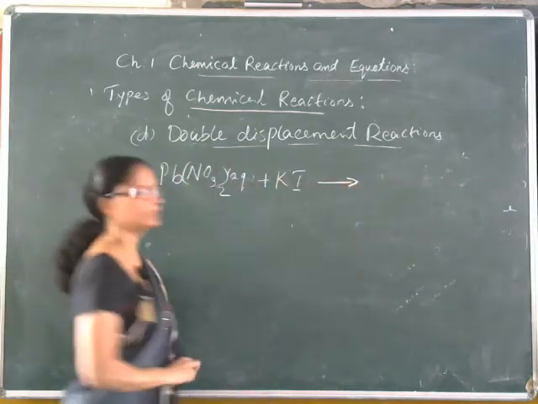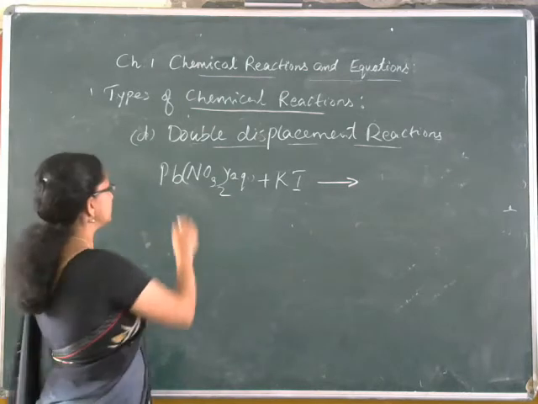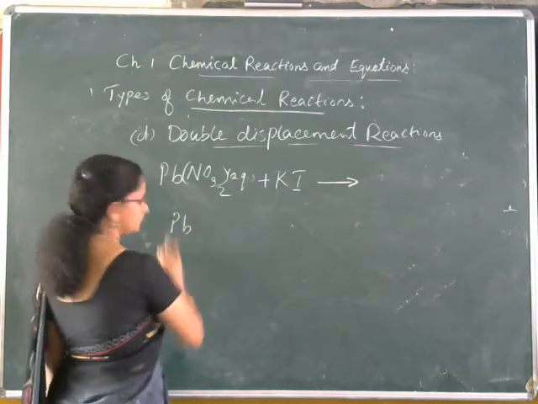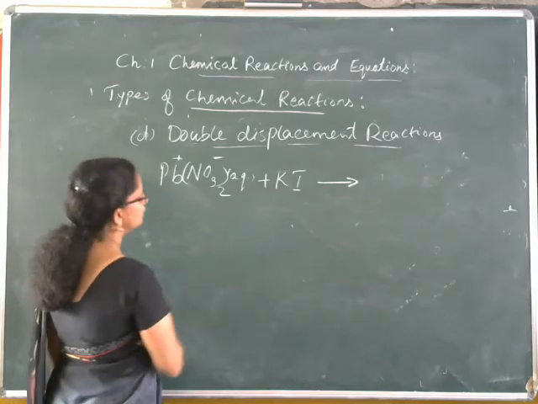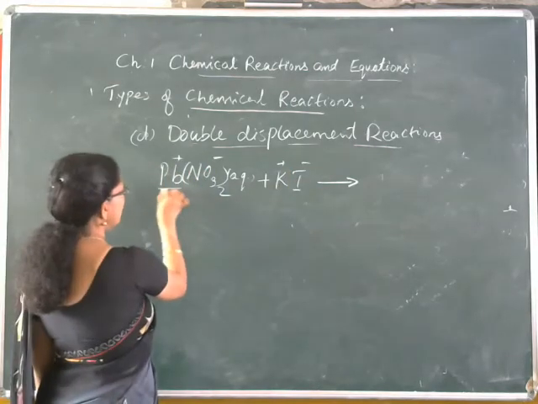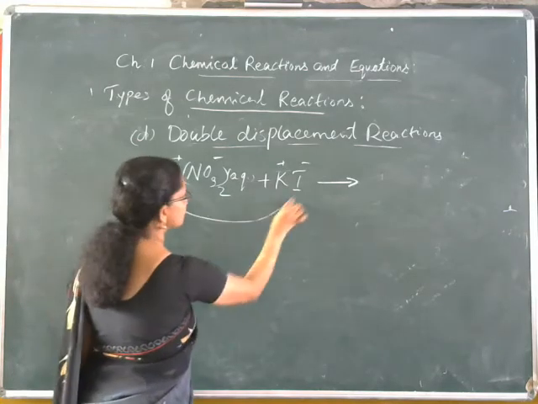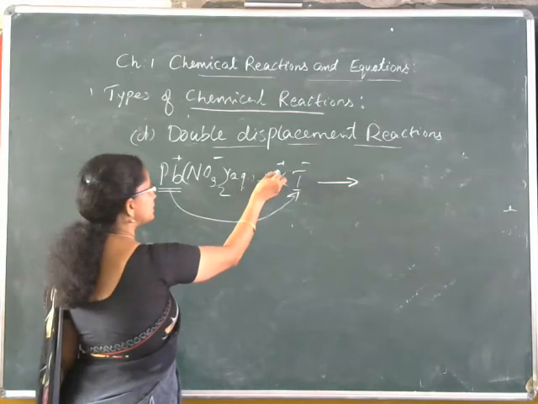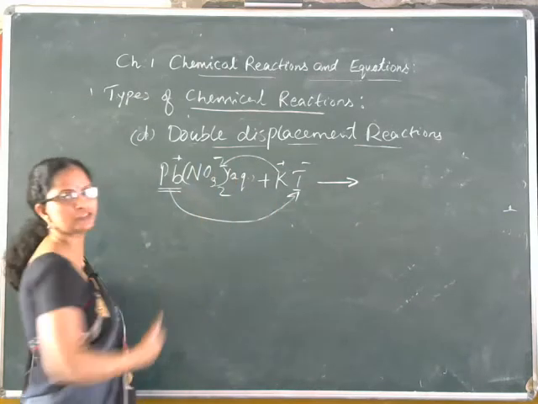Now what happened during this reaction is the ions present in these substances, cations and anions, are getting exchanged: Pb2+ and NO3-, K+ and I-. Here the cation of one substance combines with the anion of another substance. Here again, the cation of the second substance combines with the anion of the first substance. That is, the exchange of ions takes place.